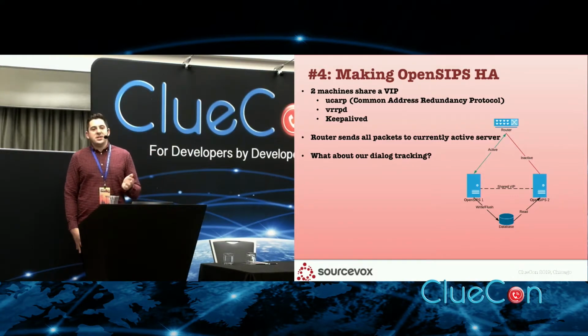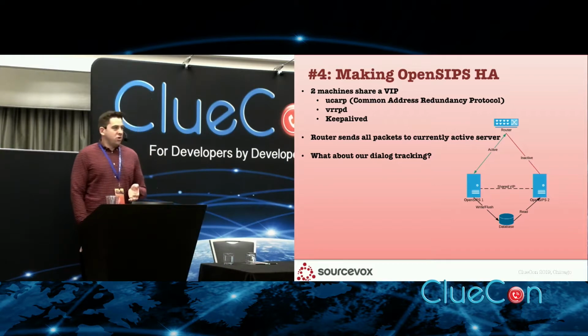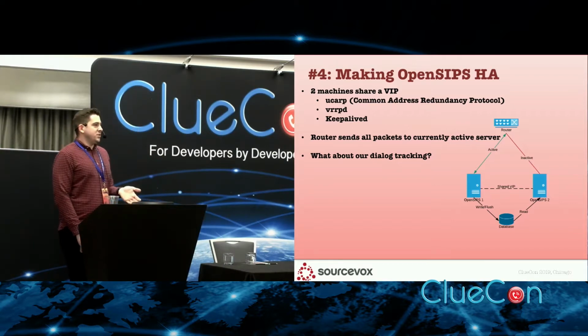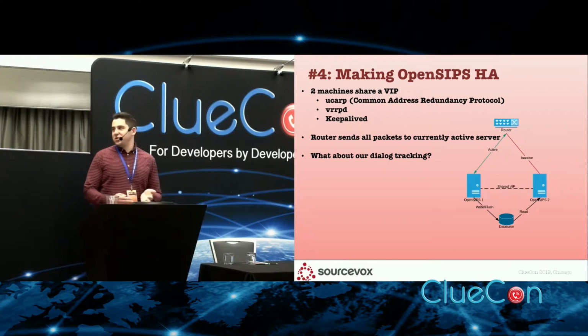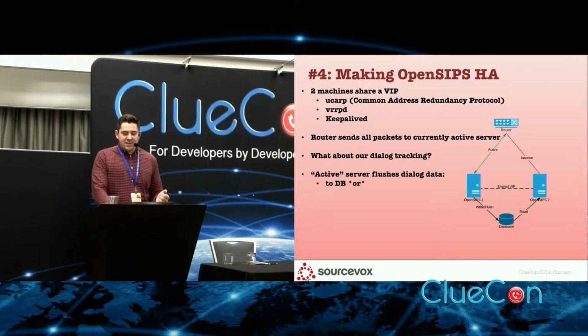And then you can use a database to store all your stateful information, because if OpenSIPS server 2 needs to take over, then it needs to know all the information about the state of all the ongoing calls. Again, the traditional way to do this is to flush it to a relational database. And in later versions of OpenSIPS, you can actually use a clustering module.